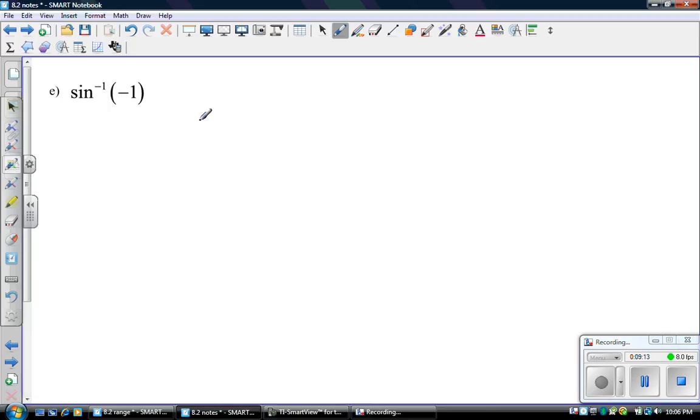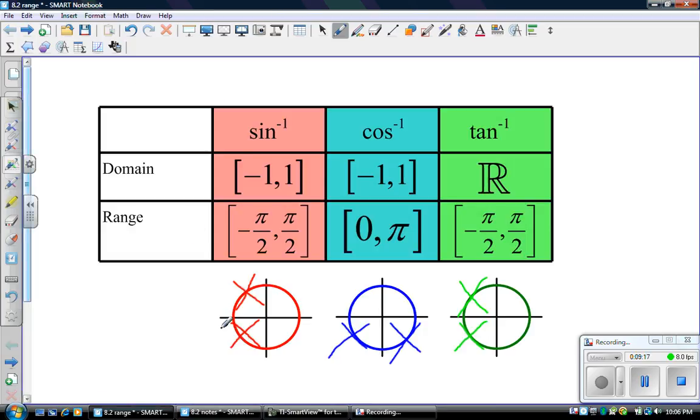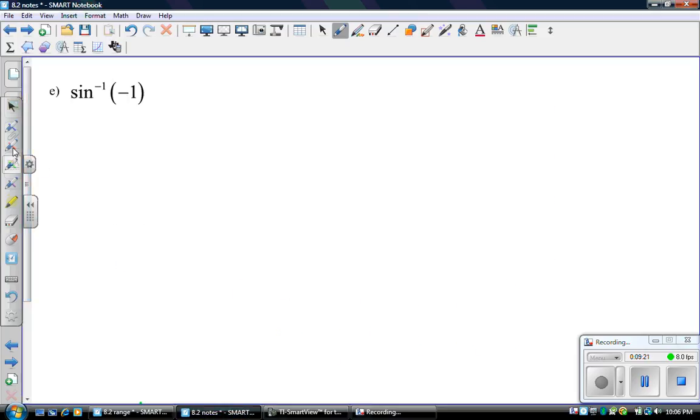On the next one, inverse sine of negative 1. So again, inverse sine problem, we cross out the left two. So gone, gone. It's a negative answer here, so I'm certain that I'm not up here. And again, this is actually one of the easier ones. When does the sine equal negative 1?